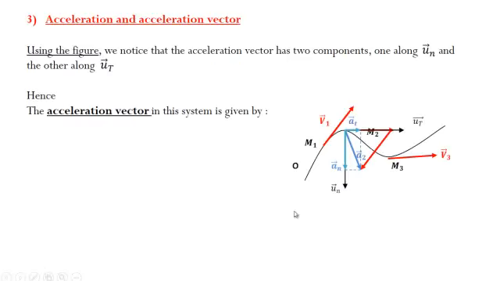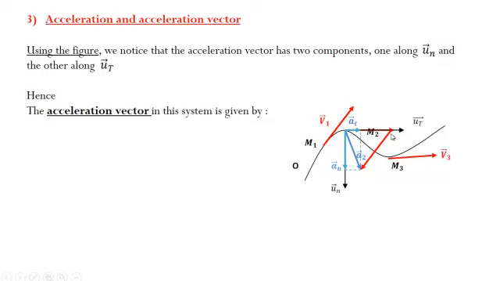If you notice here in the figure, if we want to find a2, as a definition we know that the a2 vector is equal to delta v over delta t, and this is what we call v3 minus v1 over delta t. We want to trace v3 minus v1 at the point m2. So this is v3 here, moved here, and this is the vector v1.